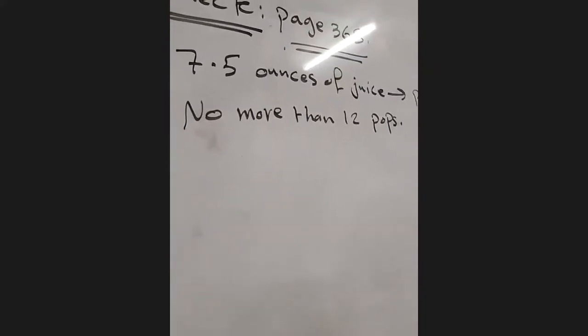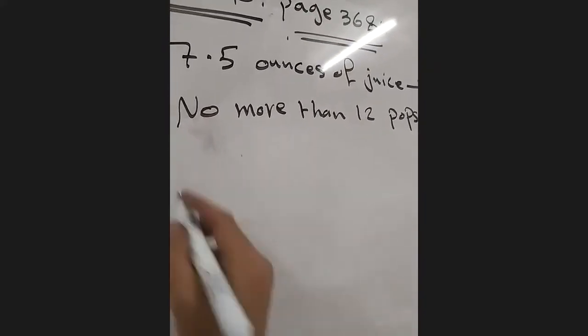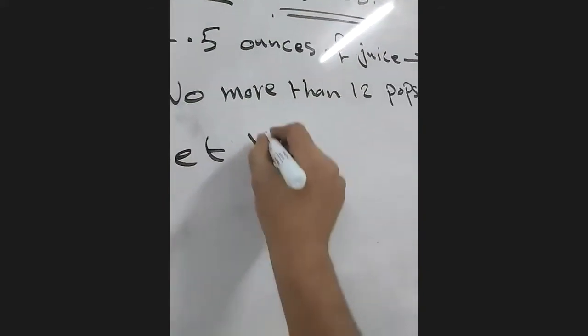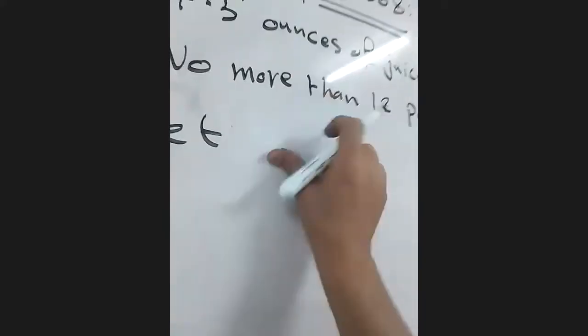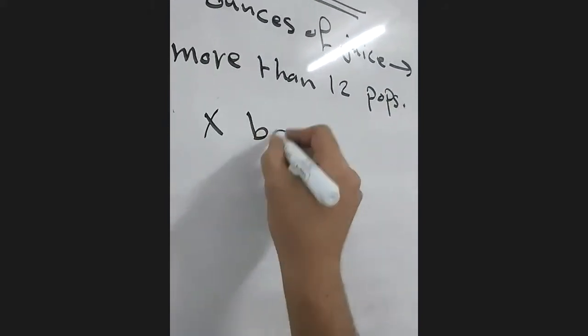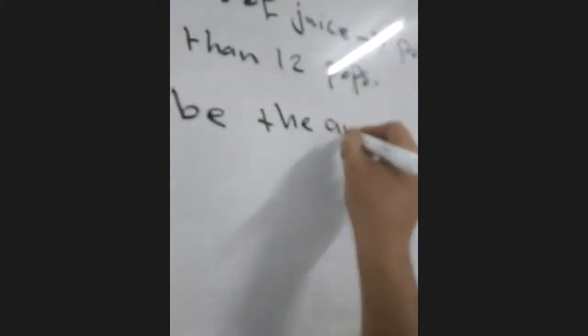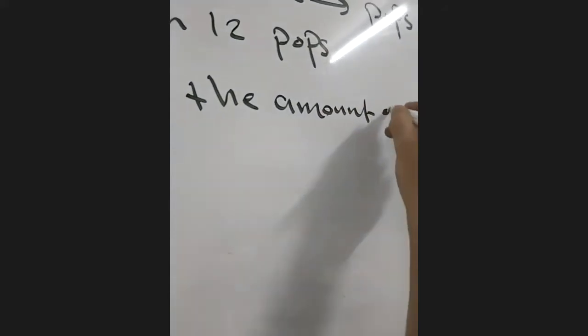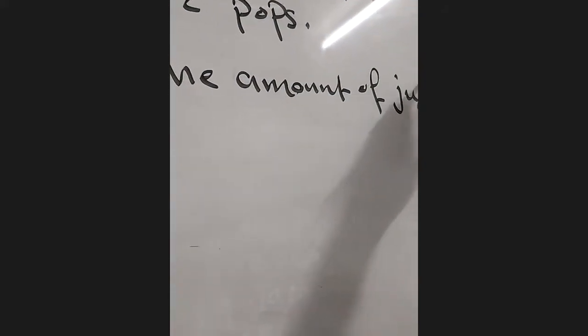So the wanted is the amount of juice, right? Let y, for example, or what's the variable they use? X? Yes, X. Let X be the amount of juice, the thing which is wanted from the question.